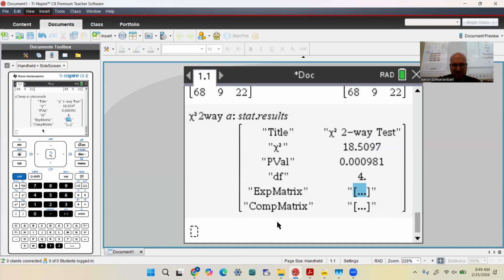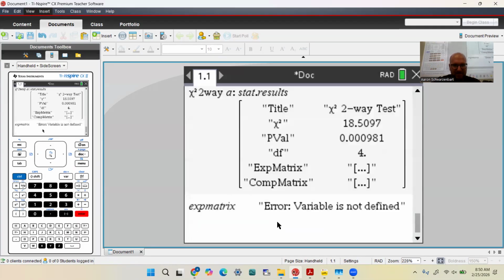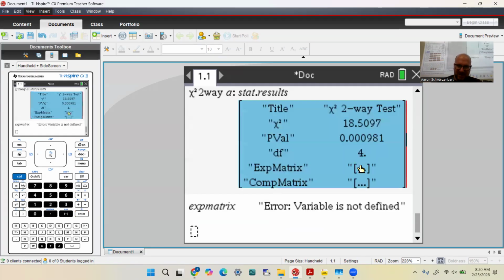So, yep, there's an association. P-value super low. I want to see what happens when I type this out. So it stores my expected matrix in this thing called expected matrix, but I'm trying to see if I can get it to print it out for me.